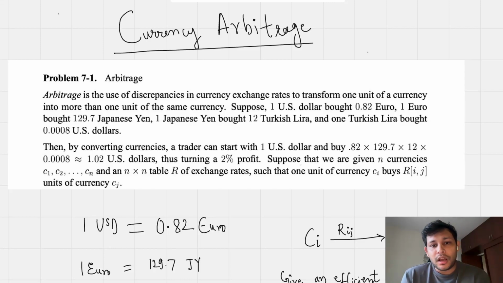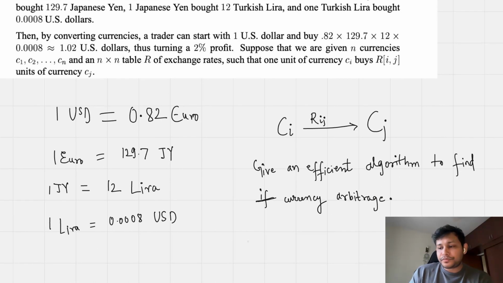For example, you have one US dollar, and that helps you to buy 0.82 euro. 1 euro bought 129.7 Japanese yen. One Japanese yen bought 12 Turkish lira, and one Turkish lira bought 0.0008 USD. So when you see that if you buy one USD, you'll get 0.82 euros.